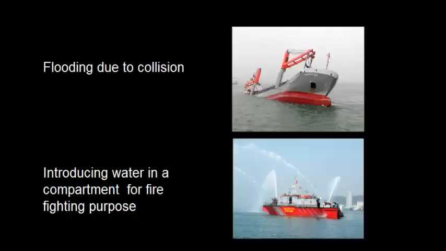There is another reason, poor tank management, that may increase the free surface movement, which will cause loss of metacentric height, or errors in calculation. Somebody forgot to apply the free surface correction in the load indicator. The next reason is ingress of water or flooding due to collision, or introducing water in a compartment for firefighting purposes.